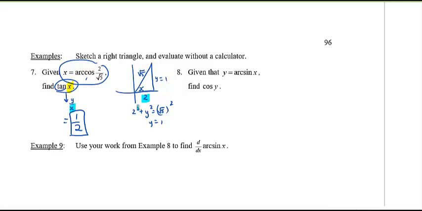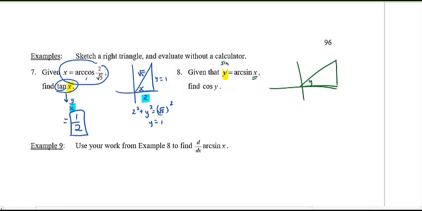Okay, how about this next one then? Given that y equals arc sine of x, find cosine of y. So in this case now, what I'm saying is y is the angle. So if I were to draw a triangle, y is my angle. And then here's arc sine is x. What does that mean? Well, another way of writing this would be what?